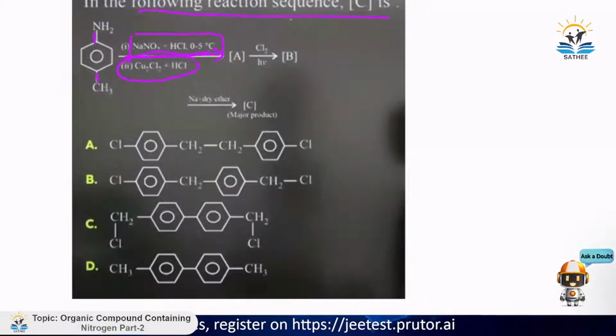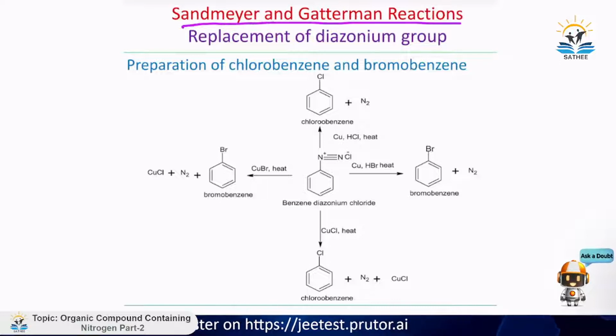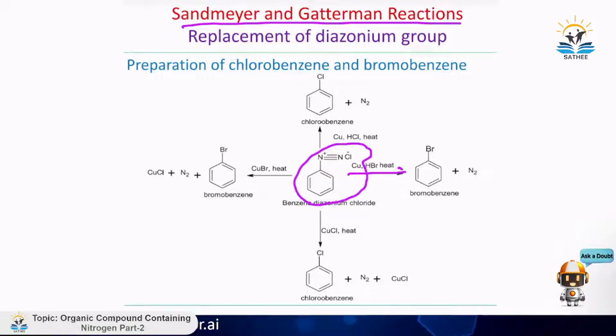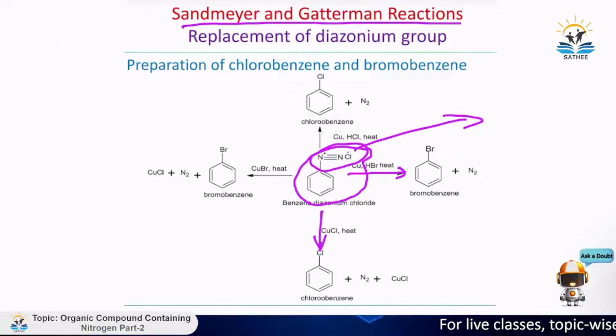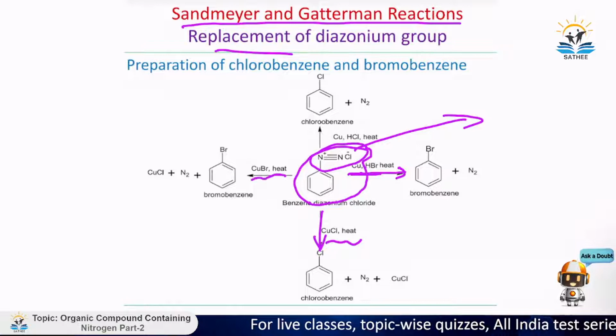Now we did not see this till now. So this is the Sandmeyer and Gattermann reaction, that is, replacement of the diazonium group. Till diazonium we reached. Now if we make it react with these reagents, then the diazonium group goes out, replaced by what? Cu in the presence of HBr, then Br will come. CuCl in the presence of heat, Cl will come. CuBr in the presence of heat, again Br will come.